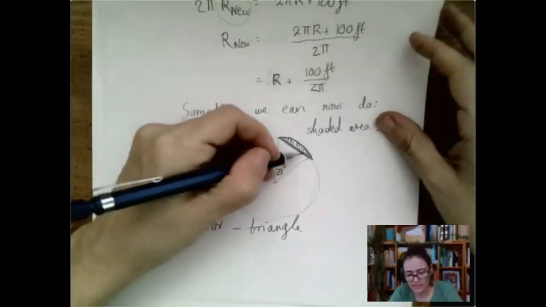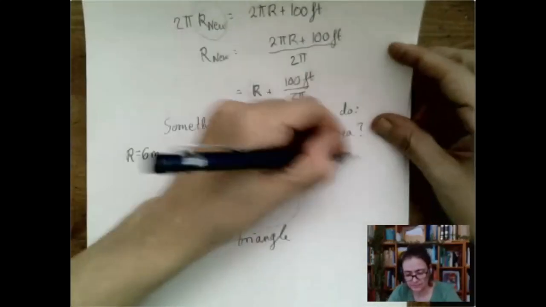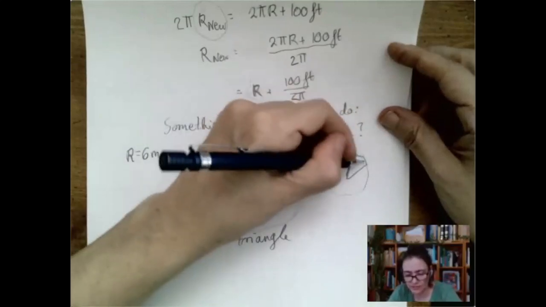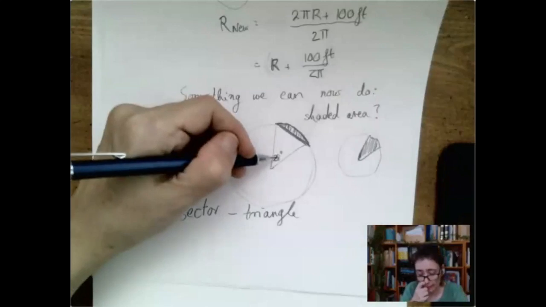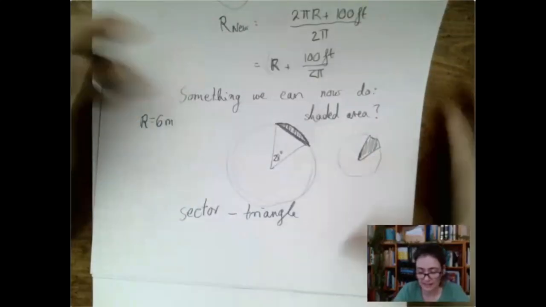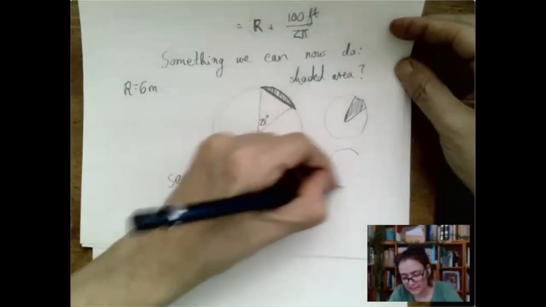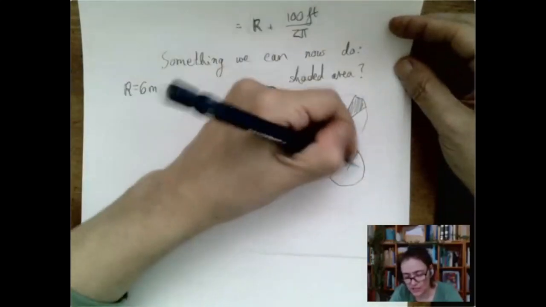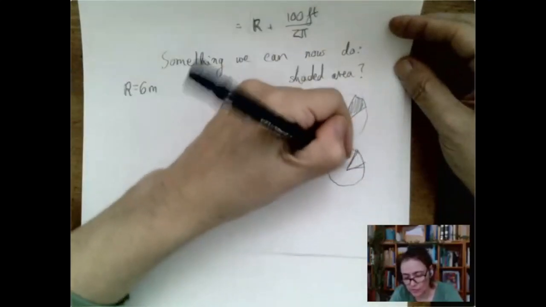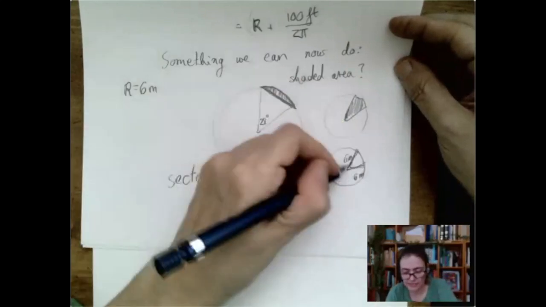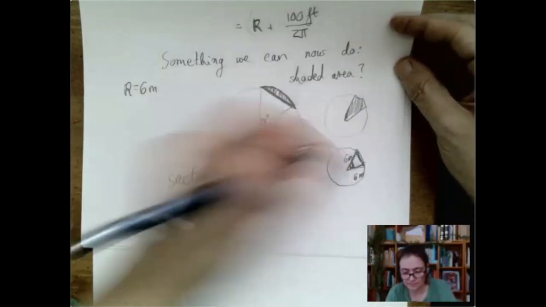You see, the whole sector is just a ratio problem. You take the area of the full circle, you divide by 360 and then multiply back by 28, and that's that. On the other hand, we have an isosceles triangle where we know the two sides, 6 meters and 6 meters, and we know this angle to be 28 degrees.